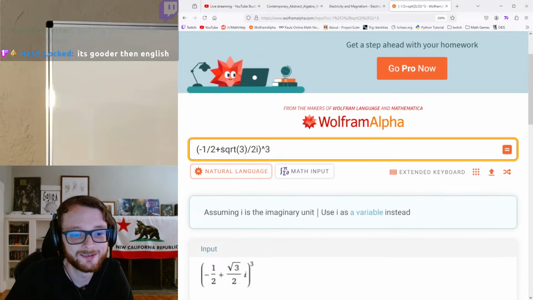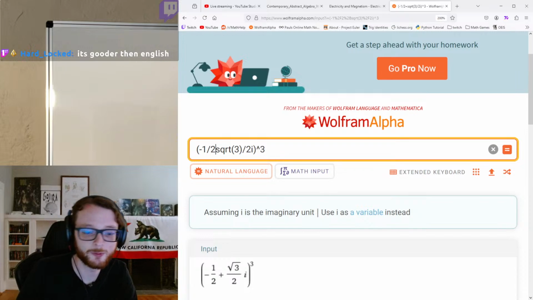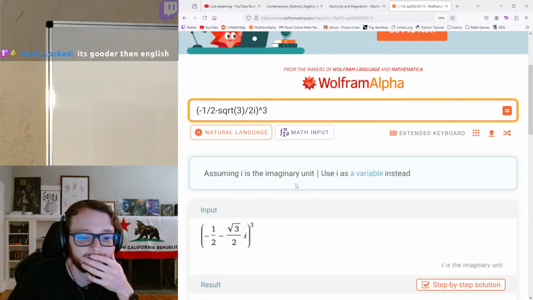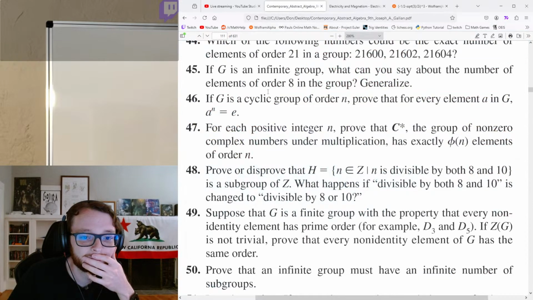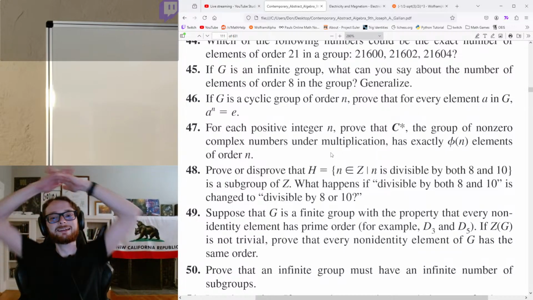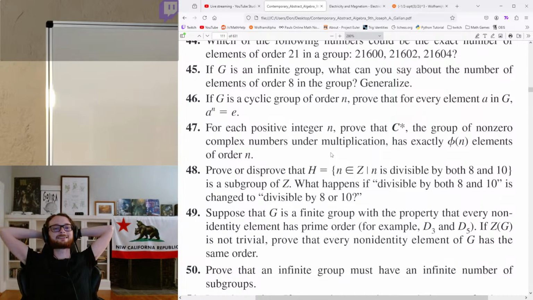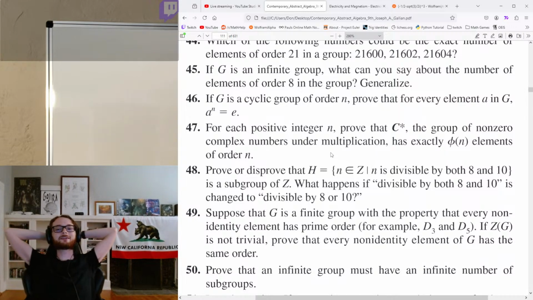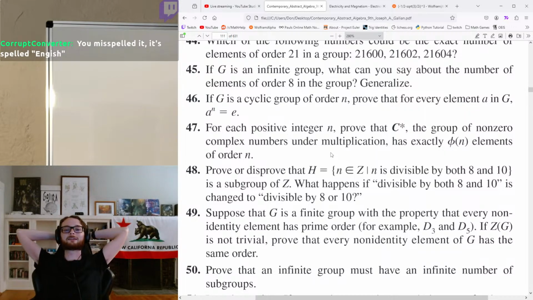So let me check my math on that last one. 1, okay, good. And my other root of unity, same thing with a minus. I guess 3rd root of unity, right? Okay, so that's the idea. So, oh, it's the point here that C star is not cyclic, but it can still have exactly phi of n elements of order n.